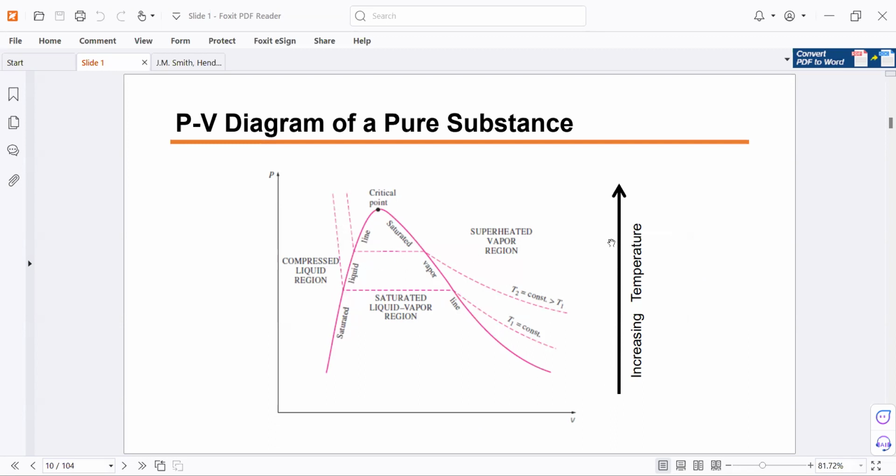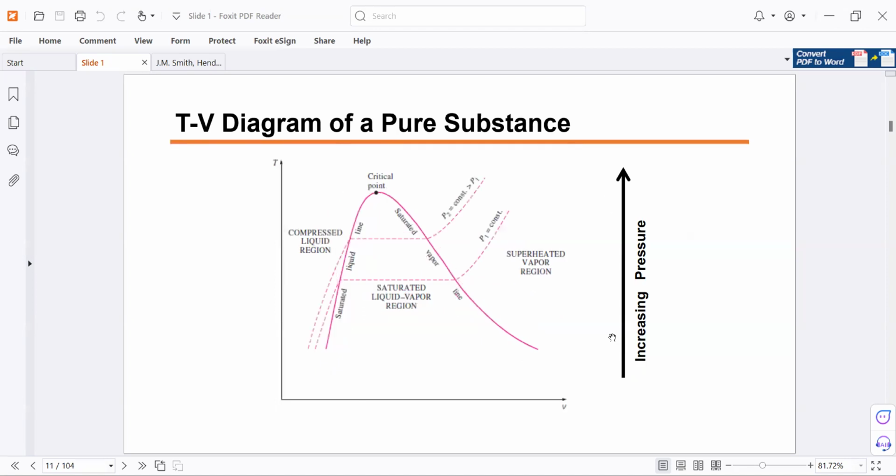As we move from one isotherm to the other in ascending direction, that indicates increasing temperature. Notice that the critical point is right here, and above the critical point are higher temperatures. So as we move from bottom to top of the diagram, the temperature increases.